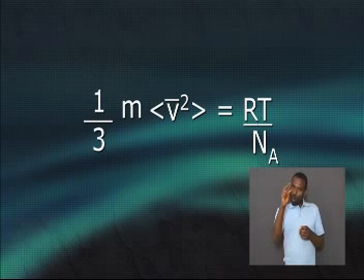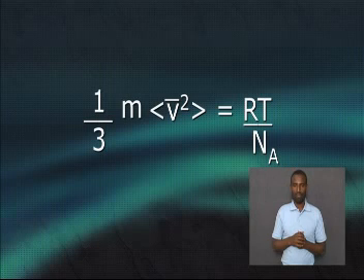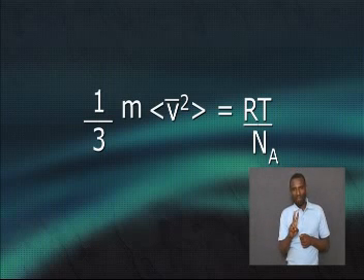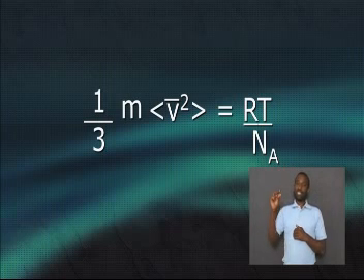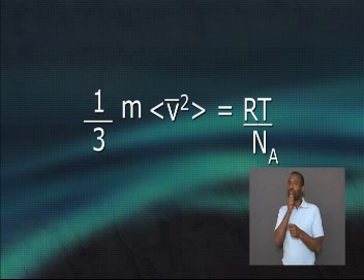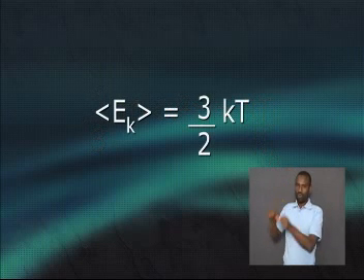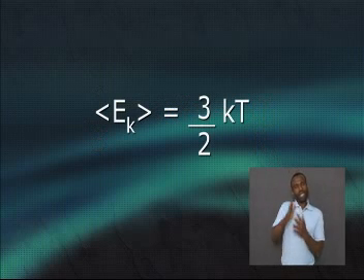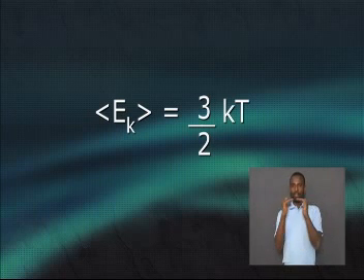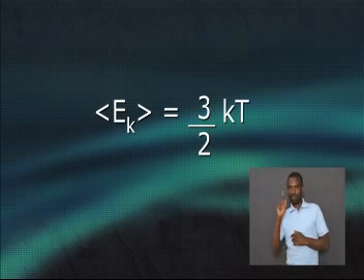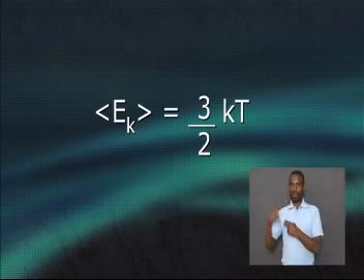So the equation is further reduced to 1/2 the mass times the mean square speed is equal to the molar constant times absolute temperature over Avogadro's constant. For the average kinetic energy of a particle, EK equals 3/2 times K multiplied by T.